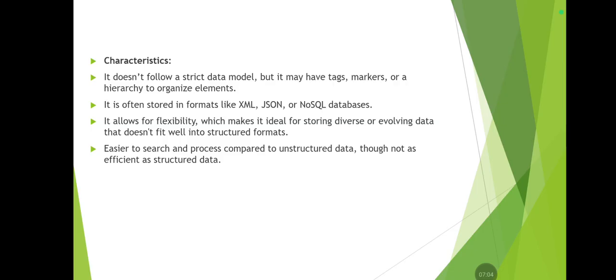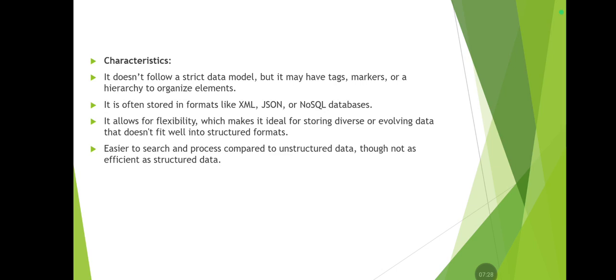Next characteristic, it is often stored in formats like XML, JSON, or NoSQL databases. Next one, it allows for flexibility, which makes it ideal for storing diverse or evolving data that does not fit well into a structured format.